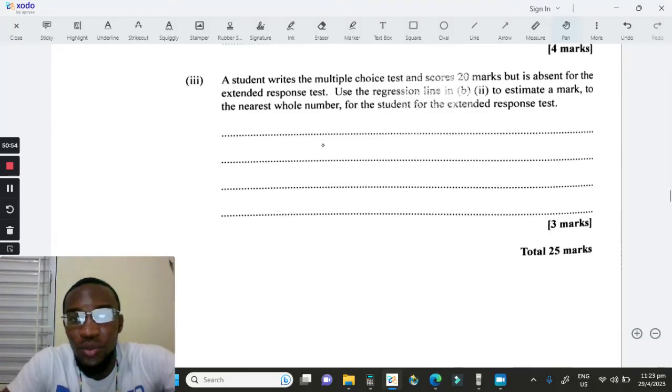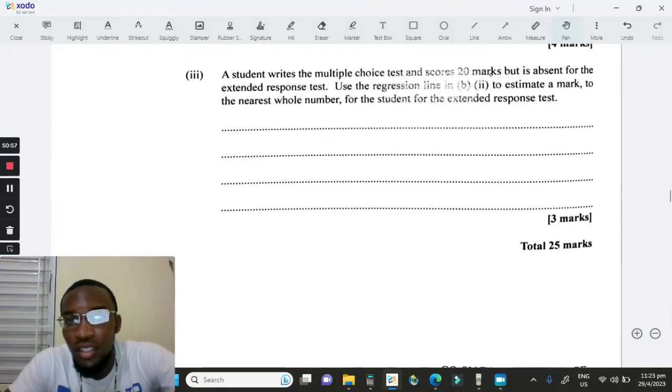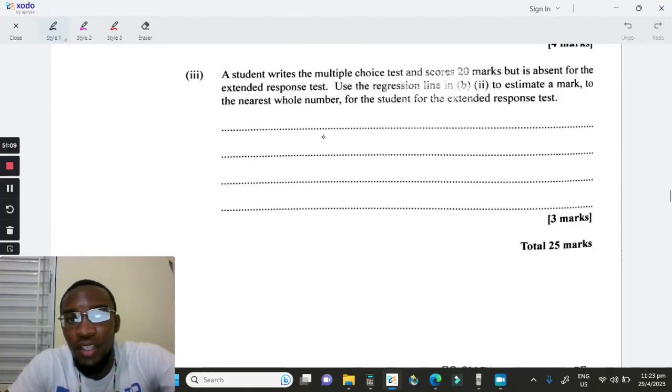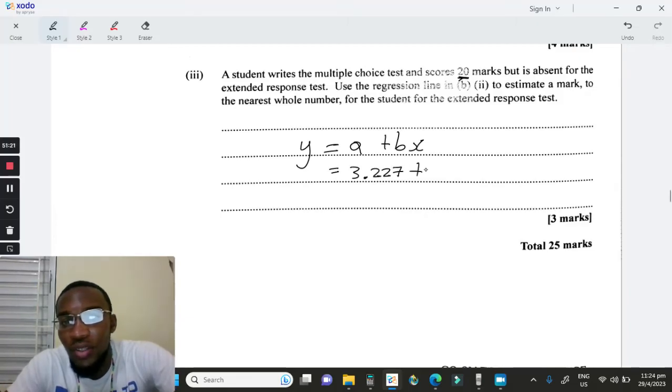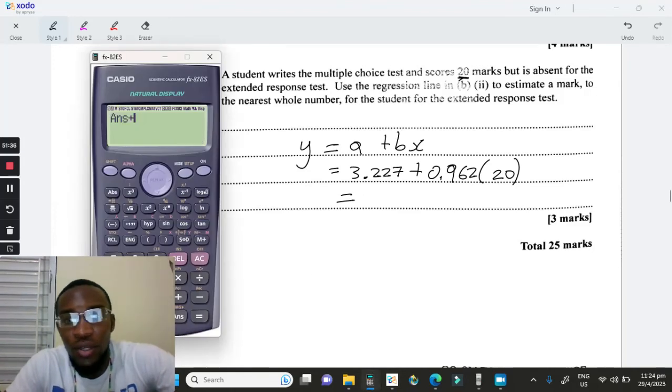Now it says a student writes the multiple choice test, scores 20 marks, but is absent for the extended response. Use the linear regression to estimate a mark to the nearest whole number for the student for the extended response paper. So all we're going to do is say y is equal to a plus bx. Now, his score is 20, so x is 20. This is 3.227 plus 0.962 times x, and x is 20.